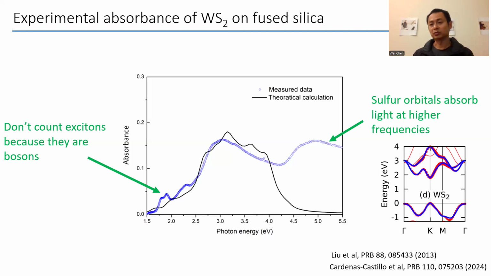So to completely capture this experimental data, you really need a tight binding model or first principle calculations that can capture all the bands over the entire energy range. But nevertheless, from these theoretical calculations, we can already capture the spread of the Wannier function of the tungsten, the transition metal atoms, very well.